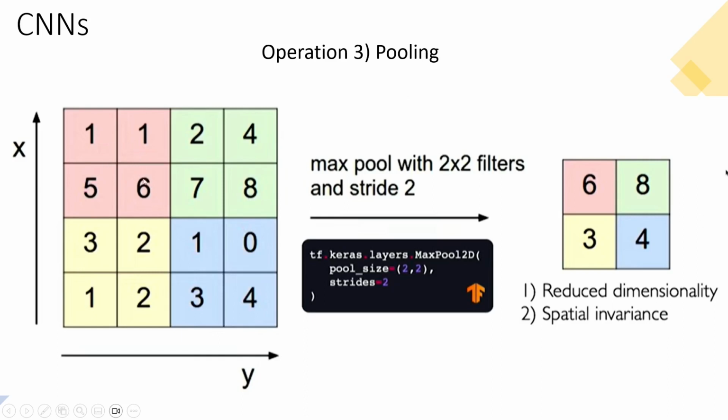For example, 6 is the maximum value in this region, so you put 6 here as the output value. Since our stride is 2, we move this filter 2 pixels right. The maximum value in this region is 8, so we put this 8 here.